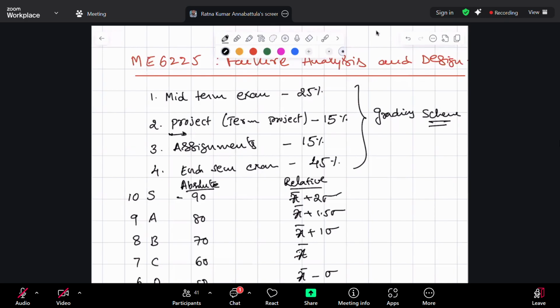Everyone is fine with it, right? Okay. So you want relative grading or absolute grading? Relative, sir. How many of you want relative grading? Relative, sir.